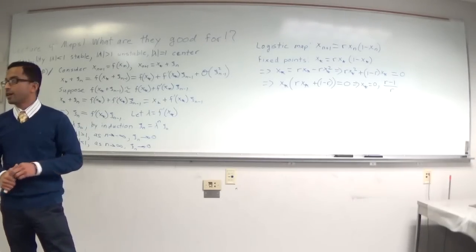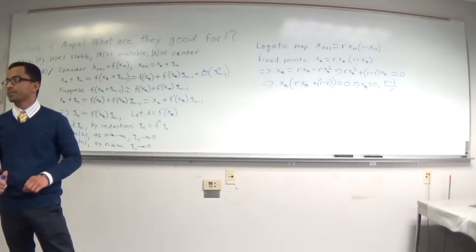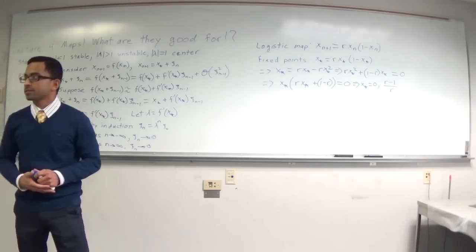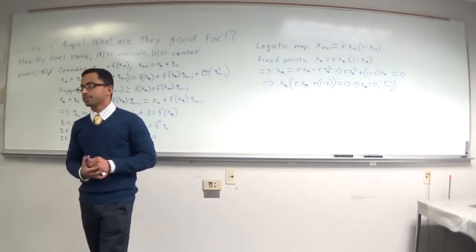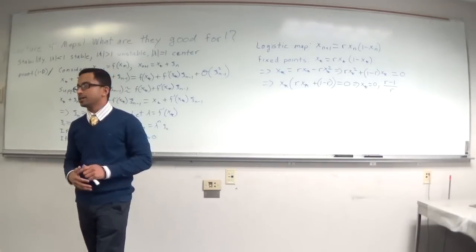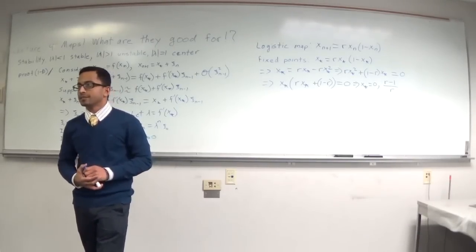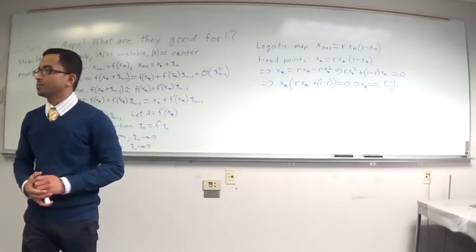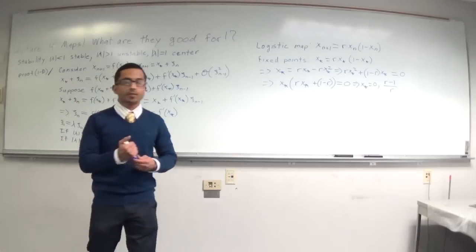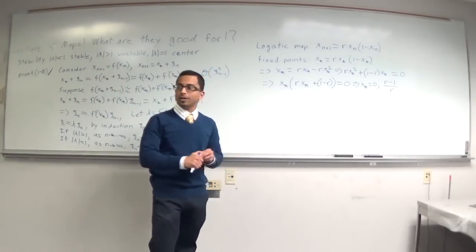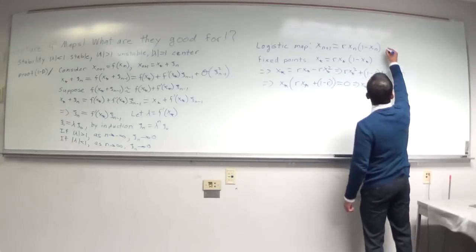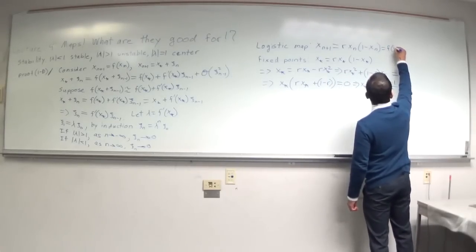Now we want to find the stability of those fixed points. How are we going to do that for this one-dimensional case? We're going to develop the theory for the one-dimensional case because it's a lot easier to handle, and then we'll see what happens in higher dimensions. Take the derivative. We take the derivative of the first function, r x_n times (1 minus x_n).